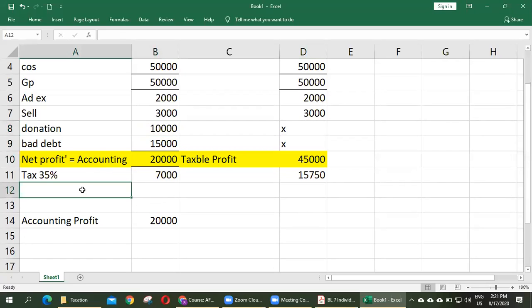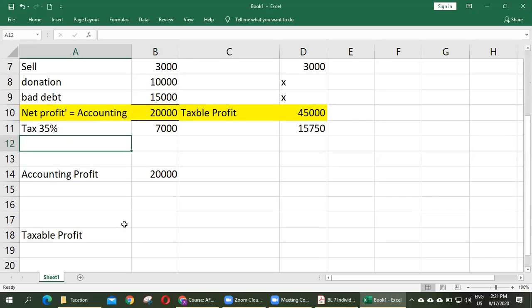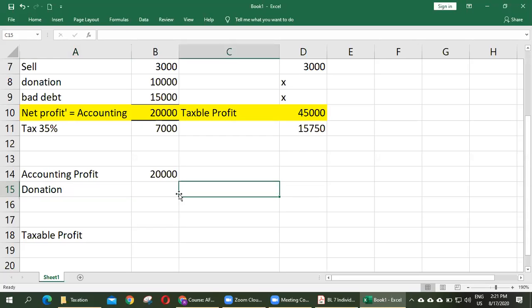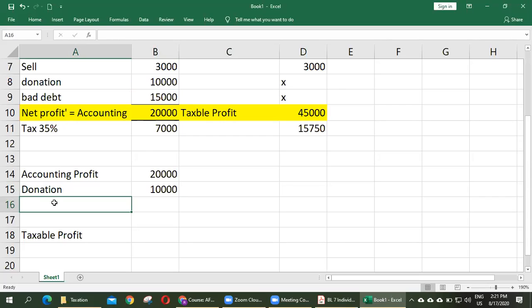So we add back the donation, which is 10,000, and the bad debt. You put doubtful debts, right? Some people are confused: doubtful debt or debt from employees.